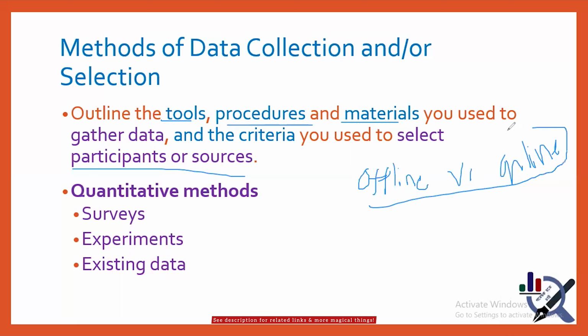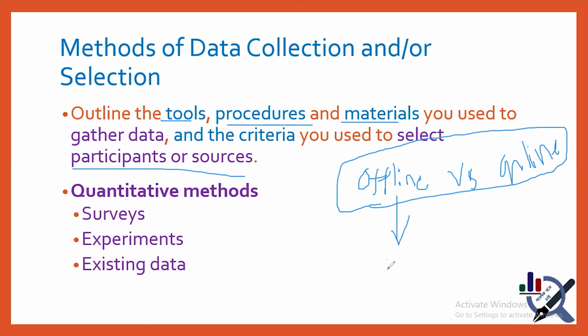You are going to do a survey. To perform this research, you are selecting offline PhD students, or you are selecting online, just for example, undergraduate students, and you are comparing.